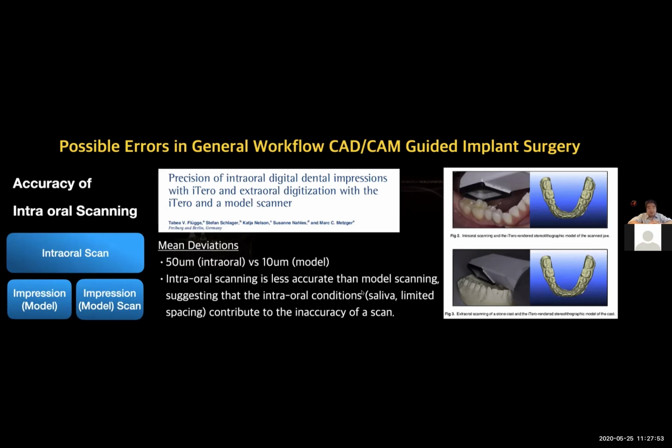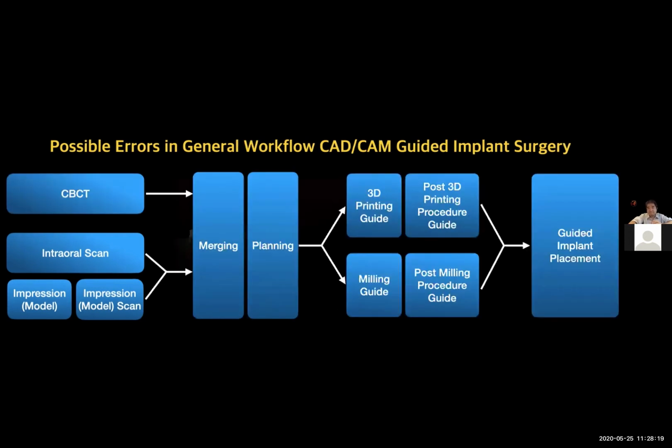So I strongly recommend you use a retractor and dry very well while you are doing the intraoral scanning. Have your assistant dry, put some air on it, and make sure your teeth are dry. But in these days of the COVID virus issue, putting air on is quite a big issue. In that case, you might use gauze and keep those areas dry as much as possible, and then do the scanning. That is my recommendation.